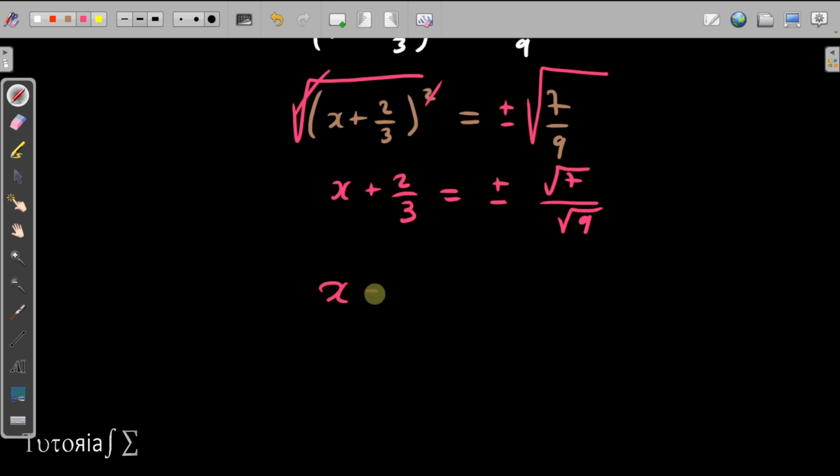So it will be x equal to, when this goes this side, negative 2 over 3 plus or minus root of 7 over root of 9, which is 3. So we see that.